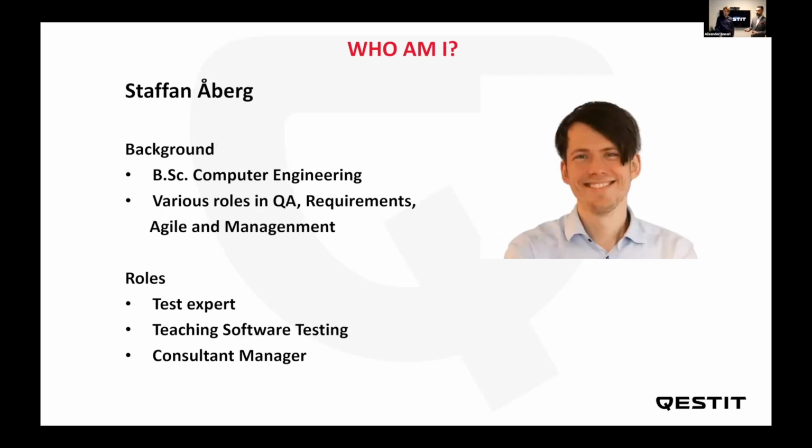Yes, and I'm Staffan Åberg. I have a similar background as Alex. I've also worked in different QA roles and requirements and agile management. And now I also work as a consultant manager, and I also teach at vocational education, software testing education. And sometimes I take the role of test expert for various projects.